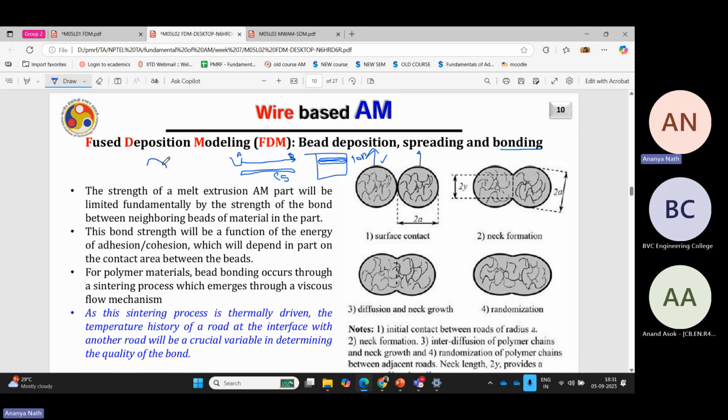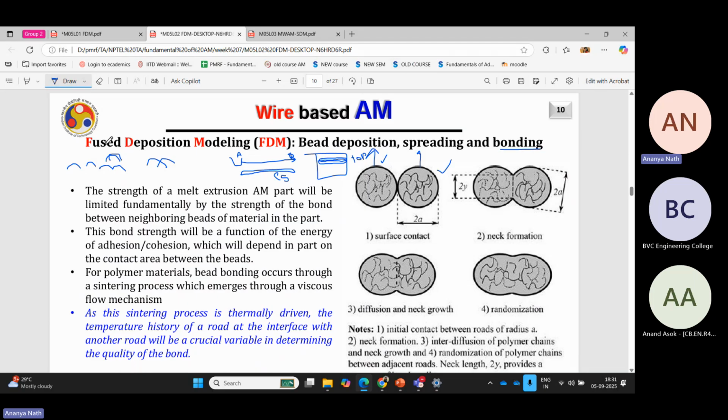You will print like this, or like this, or like this. So that is the bead overlap, and that is also very important. This is called the overlap percentage or the hatch spacing. Bead hatch spacing is another process parameter which is not mentioned here, but I'm telling you because hatch spacing is very important in bonding formation.